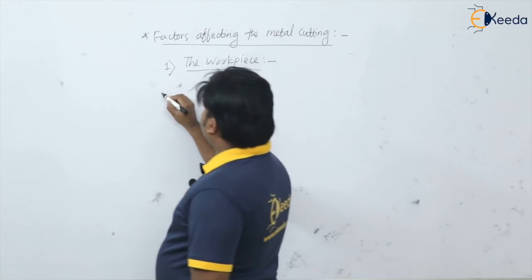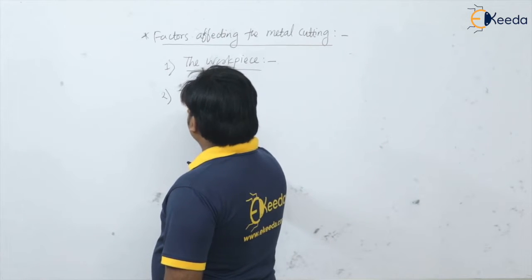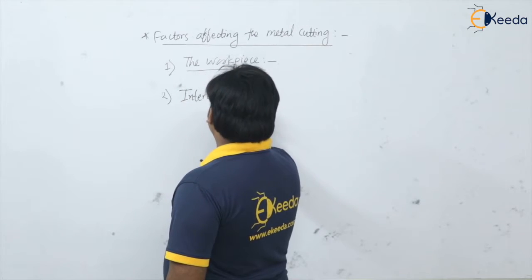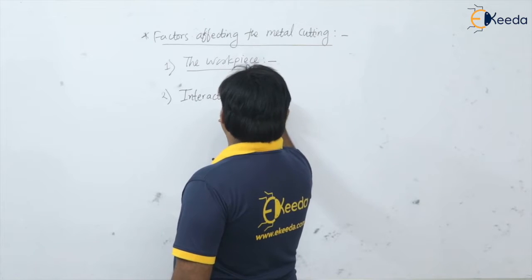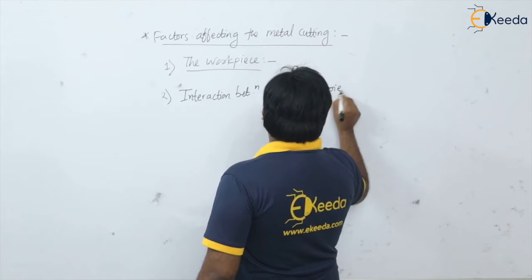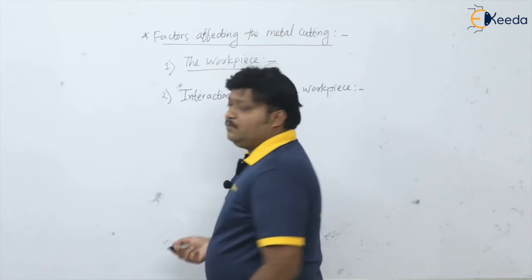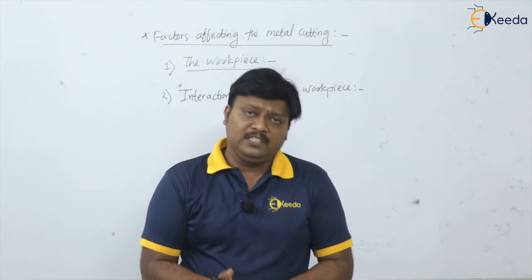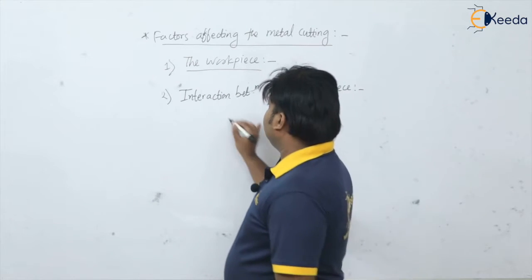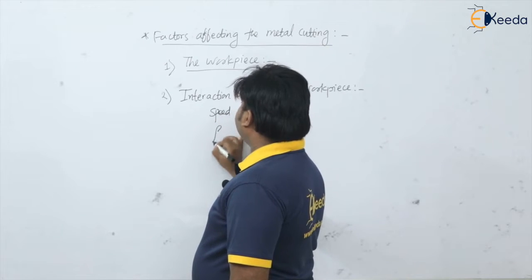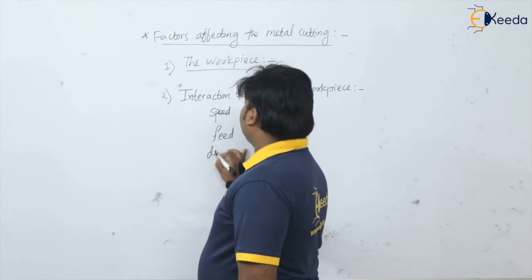The second important thing is the interaction between tool and workpiece. What is this? The interaction between tool and workpiece is nothing but the selection of process parameters, that is speed, feed and depth of cut.